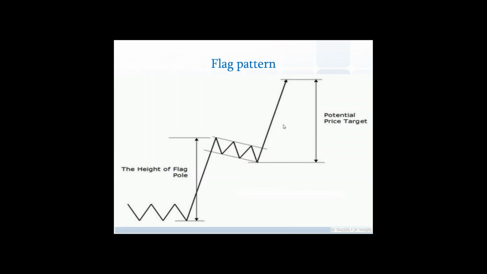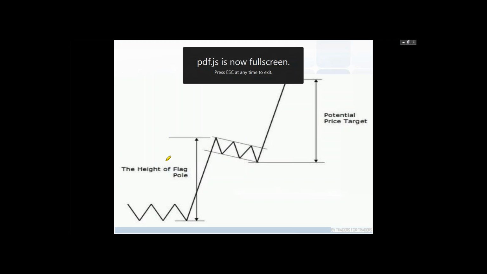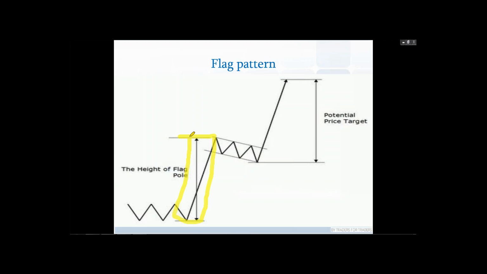The next pattern you can see is the flag pattern. The flag pattern, as the name suggests, is similar to a flag formation. What you are seeing here is a pole, which is the pole of the flag.